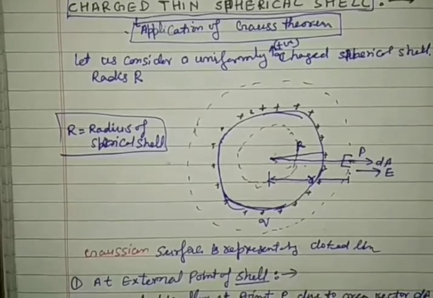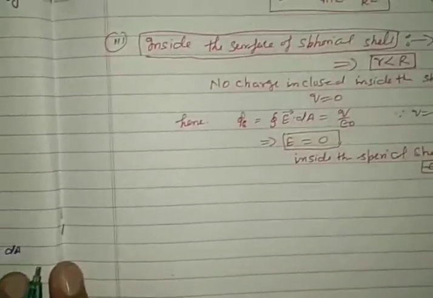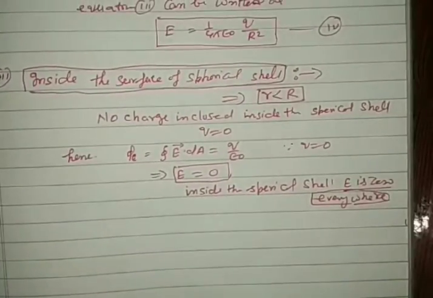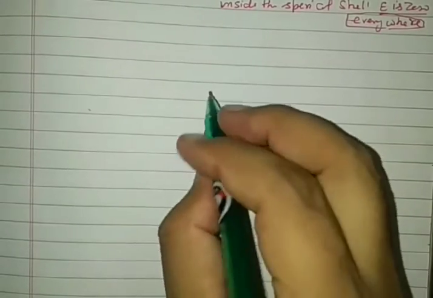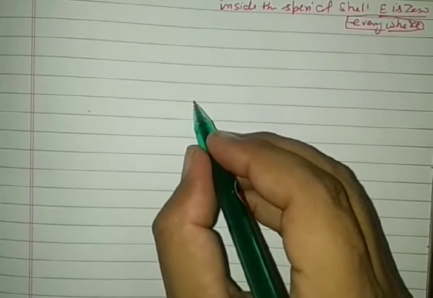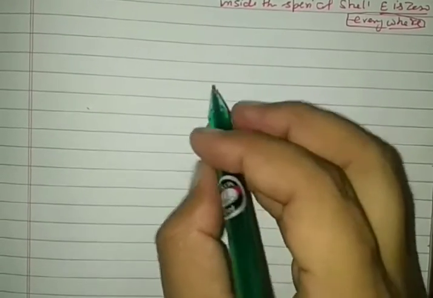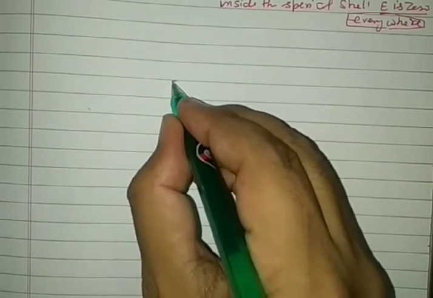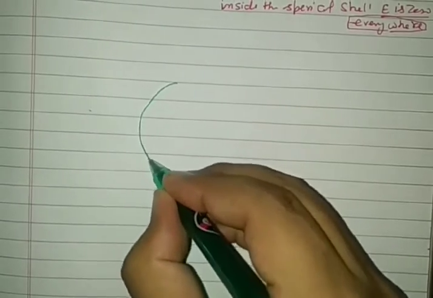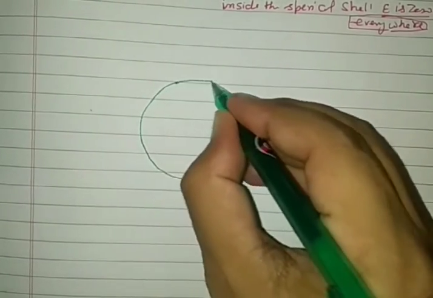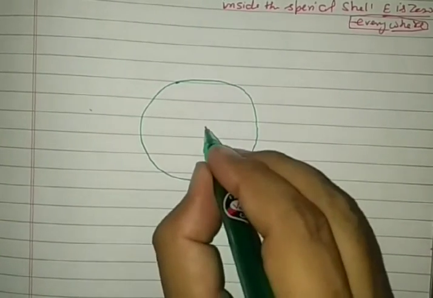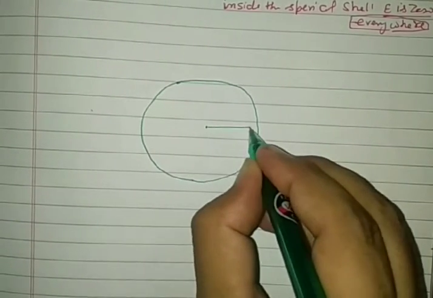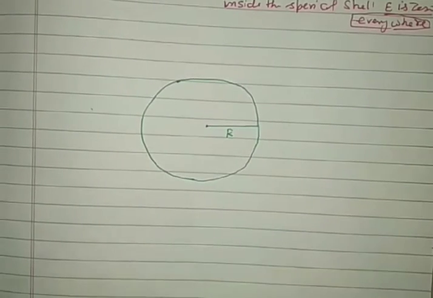And that can be understood by making a diagram. Watch this diagram very carefully, which I am going to make. It will clear all the fundamentals. To clear the total fundamental of the concept, consider this spherical shell whose radius is represented by r.